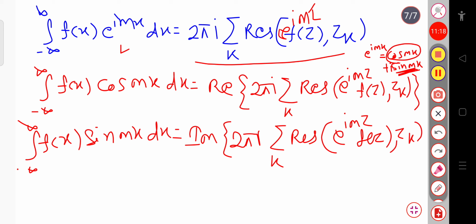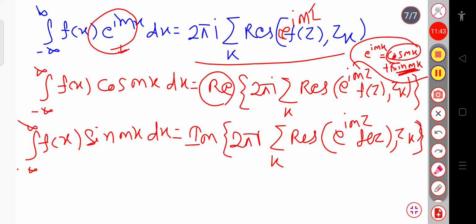Since this exponential imx term can be divided into a cosine term and a sine term, that is, the real part and imaginary part separately, the value that we get after calculation of the residues will be in the form of some real part and imaginary part.